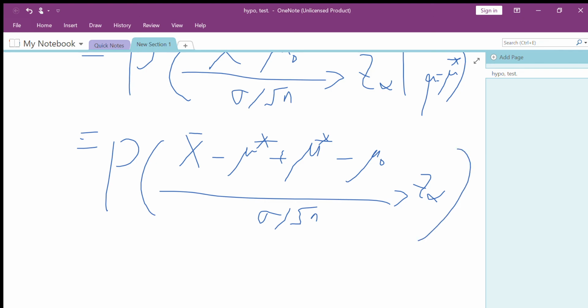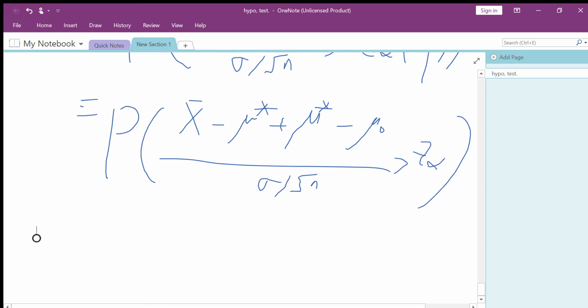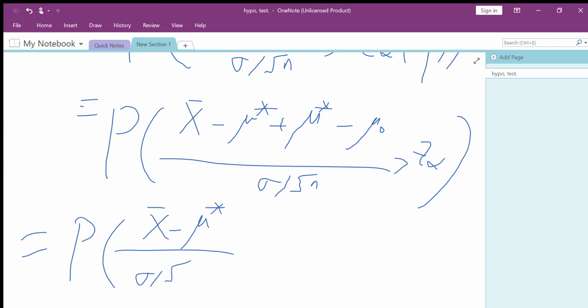Since we have used the information here, we omit it. So we can write the left hand side of the inequality as two parts.